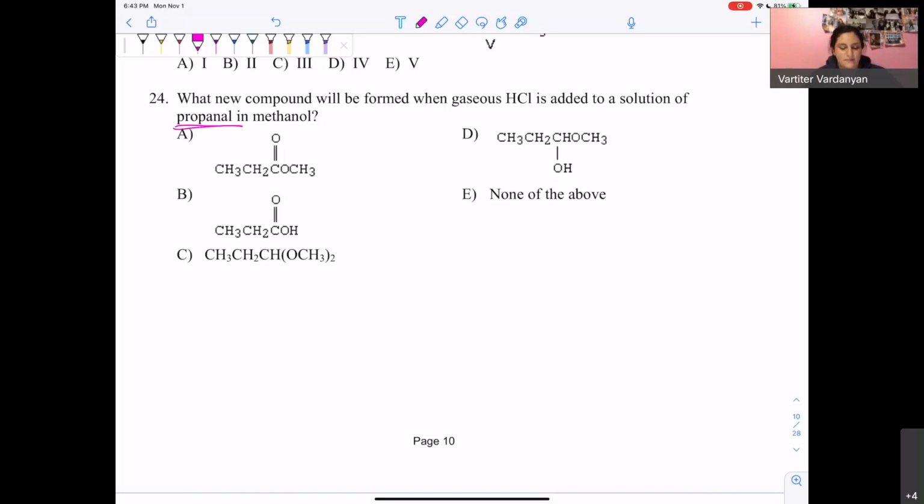So first I drew out propanal, and of course it's an aldehyde, and we're reacting it in acid. Acid, yes. And methanol. Cool.